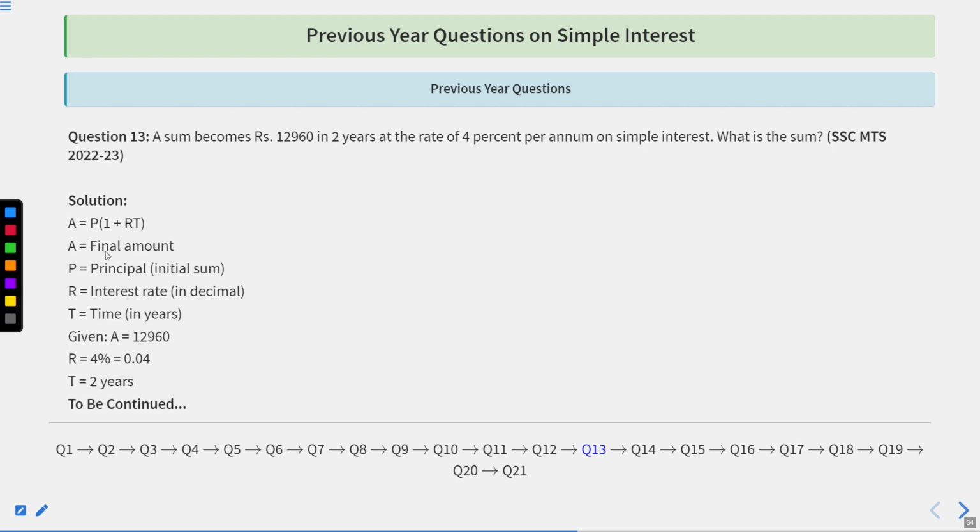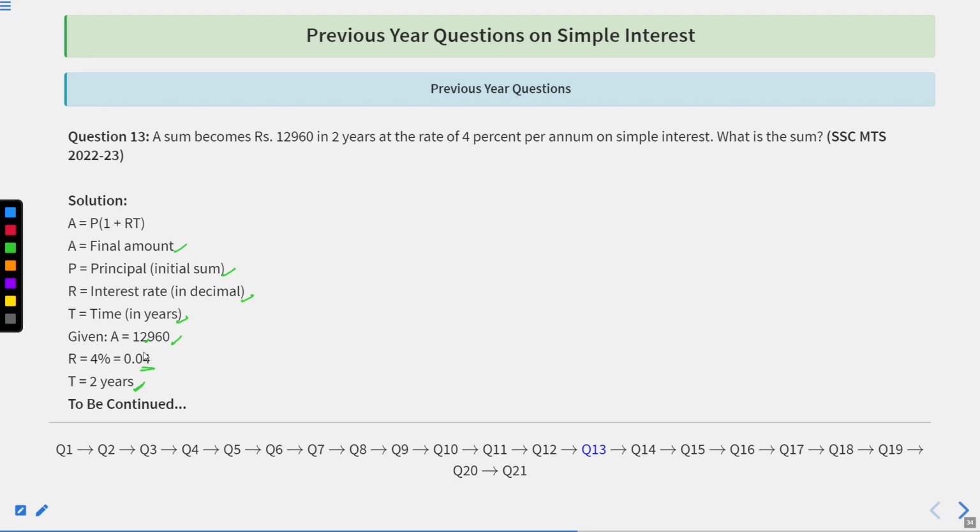So A is the final amount, P is the principal amount that was initially invested, and R is the interest rate in decimals, and time T is in years. So here it is given that amount A is 12,960 and R is given to be 4%, which means 0.04, and time is 2 years.